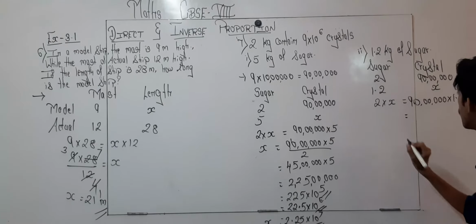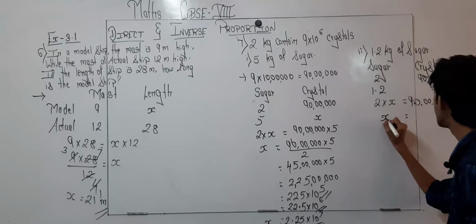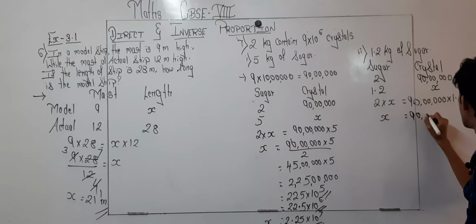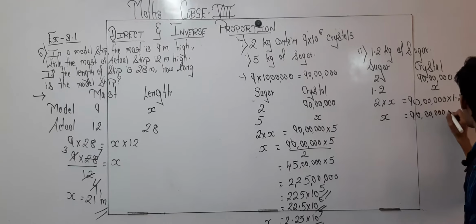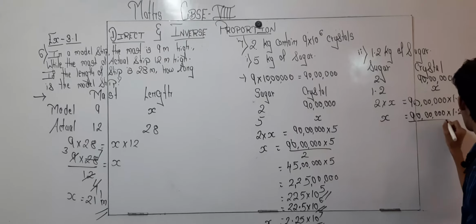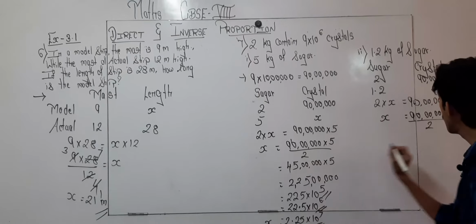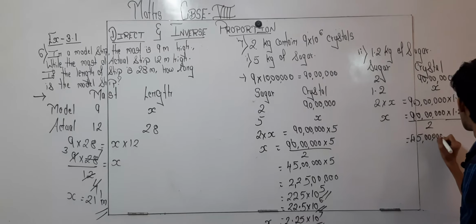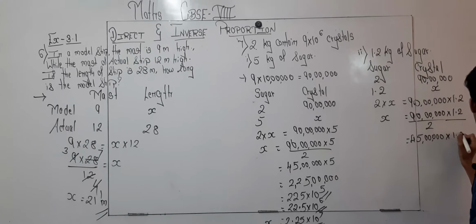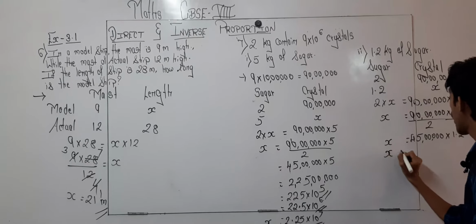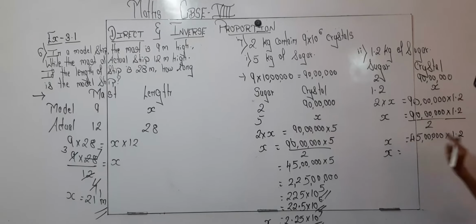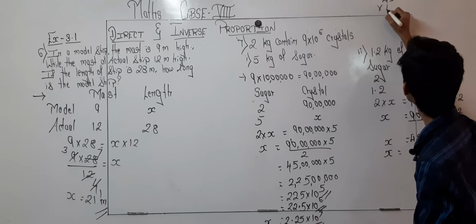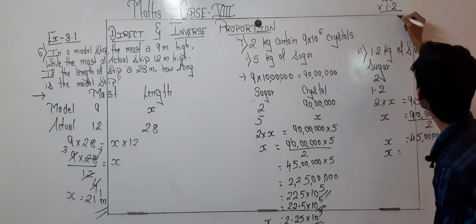Now again over here, same concept, x, we have to do it this way if you want to. Okay, so over here 90 lakh multiplied by 1.2 upon 2, so it will give me 45 lakh multiplied by 1.2. Okay, so x will be equal to 45 multiplied by 1.2. 45 into 1.2.